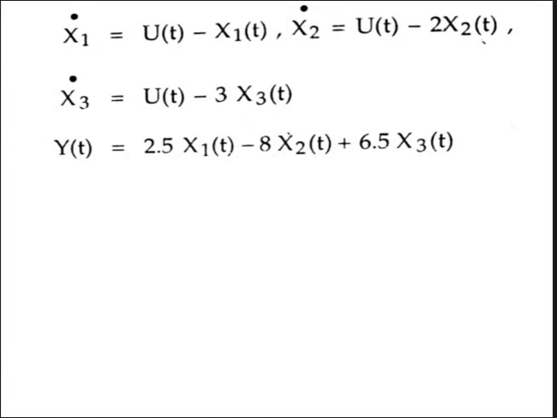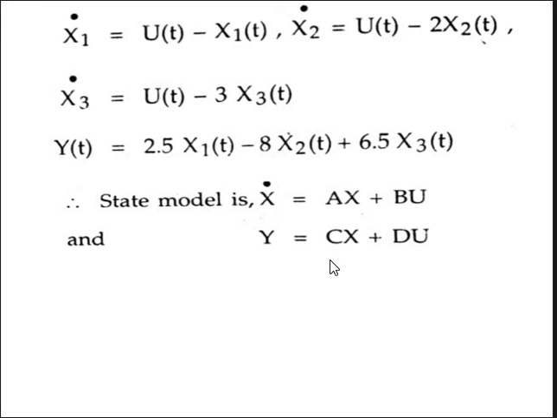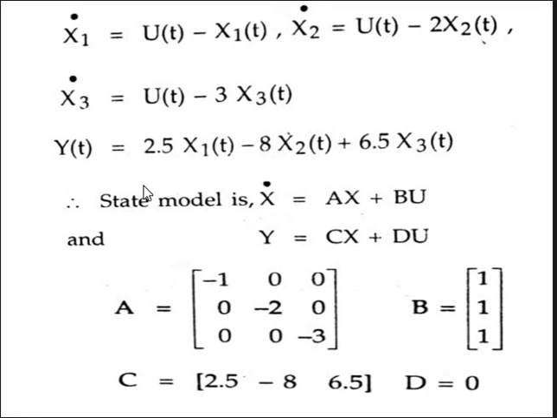So these are the equations: x1 dot of t, x2 dot of t, x3 dot of t and output y of t. From these equations we can write the state model, that is the A, B, C, D matrix. The A matrix is minus 1, 0, 0, because x1 dot of t has only x1 of t, there is no x2 of t or x3 of t, and the input u of t is there, so the B value is 1.